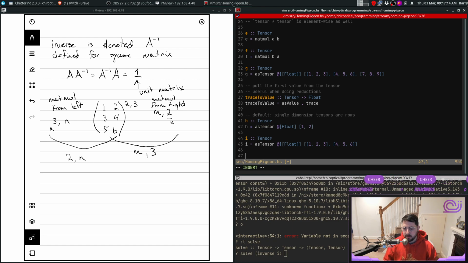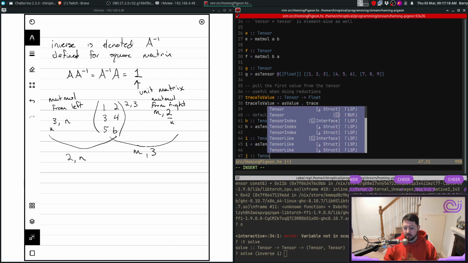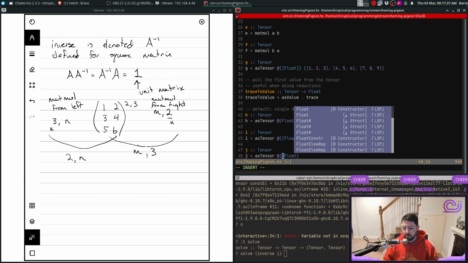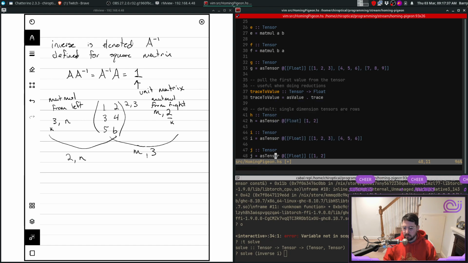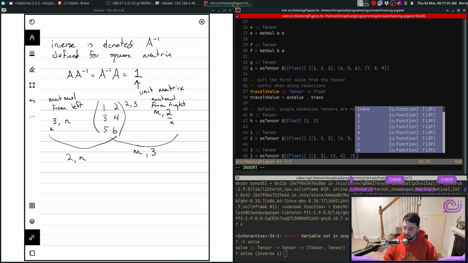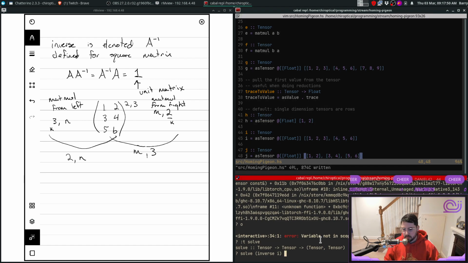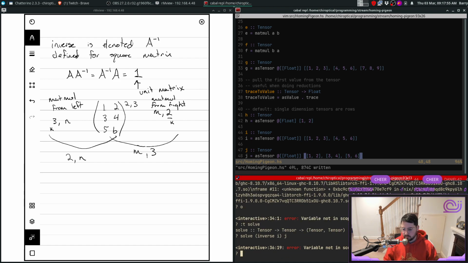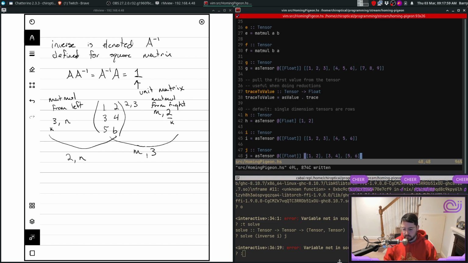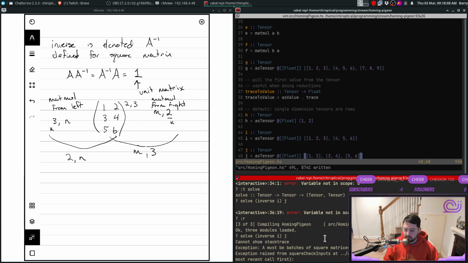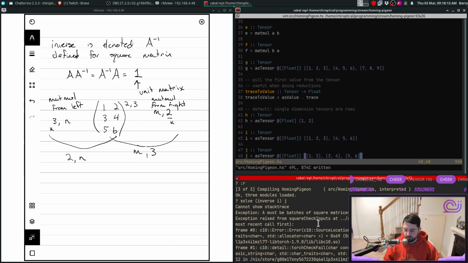If we do this on the right-hand side, it just needs to be 2 by 3, right? Okay, so it doesn't really work.